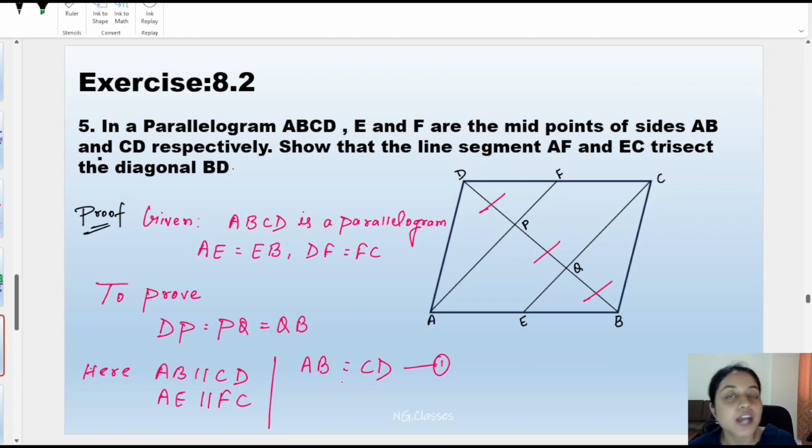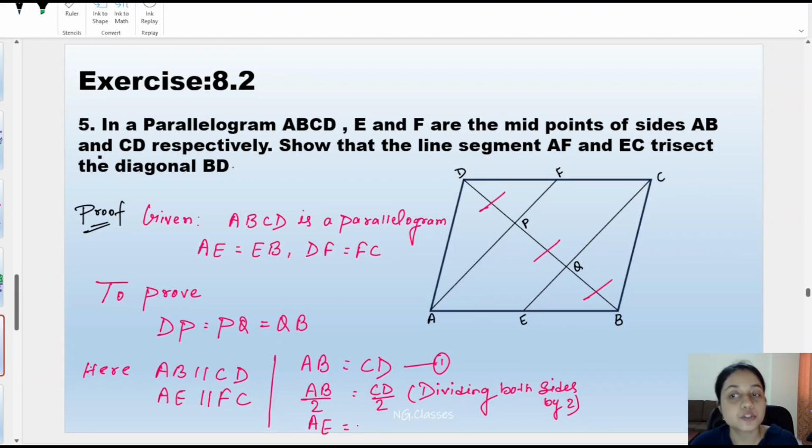So we can divide both sides of equation 1 by 2. We can write it as AB by 2 is equal to CD by 2. Now AB by 2 means AE or BE, since E is the midpoint of side AB, and CD by 2 we can write as CF, since F is the midpoint of side CD.